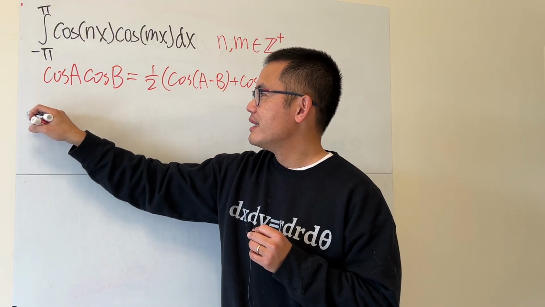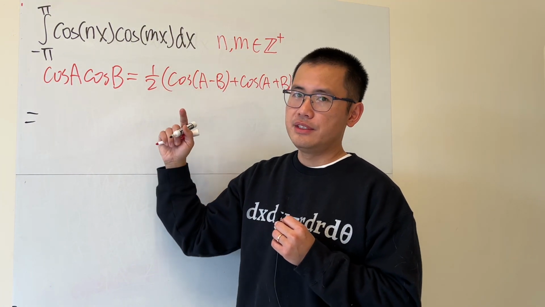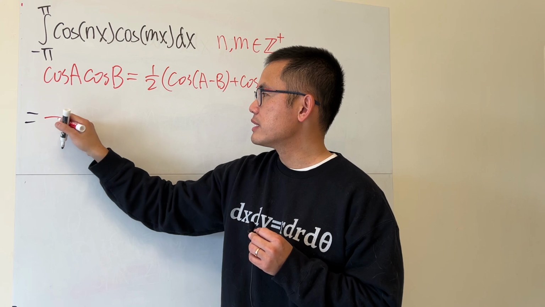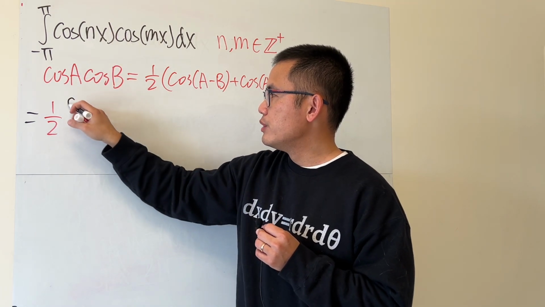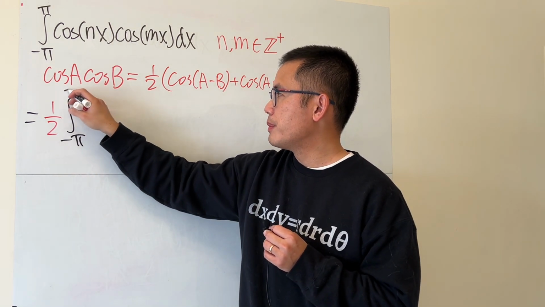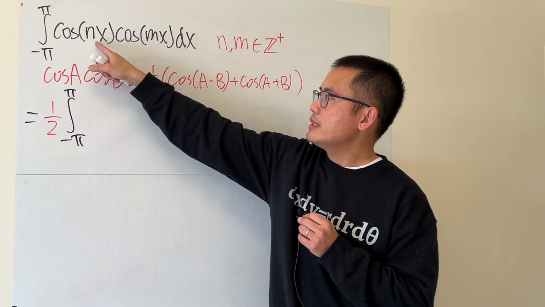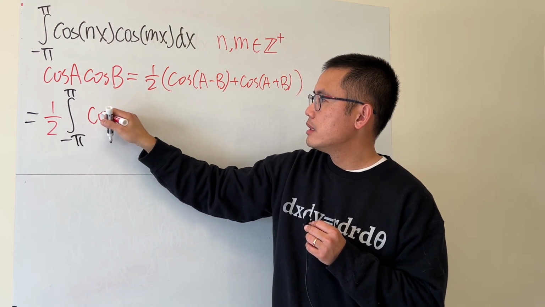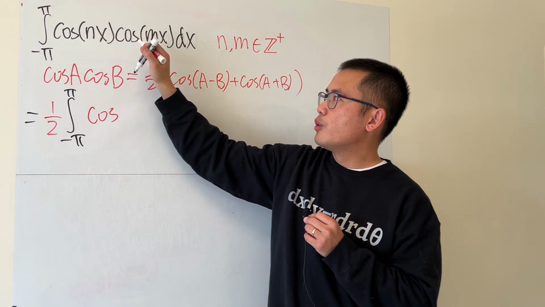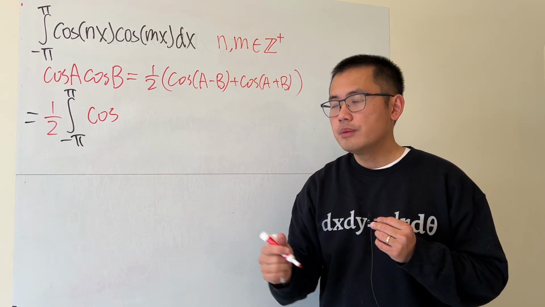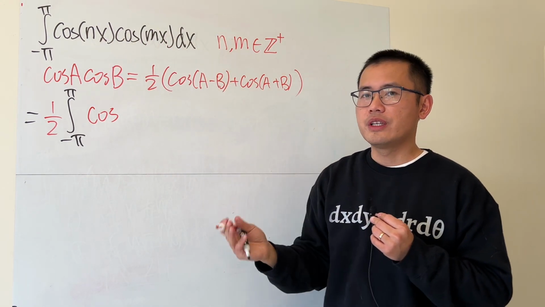Have a look. Here, 1/2 is just a constant multiple, so we can put it on the outside of the integral. And then we still have the integral going from negative pi to pi. And then we just have cosine of the first angle minus the other. And because both of them have the x, we can factor it out.